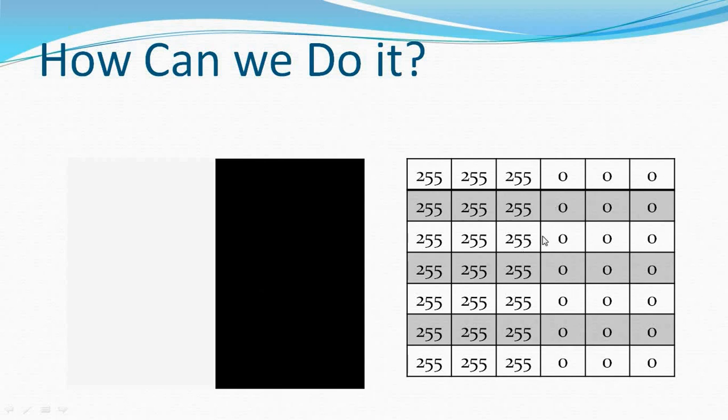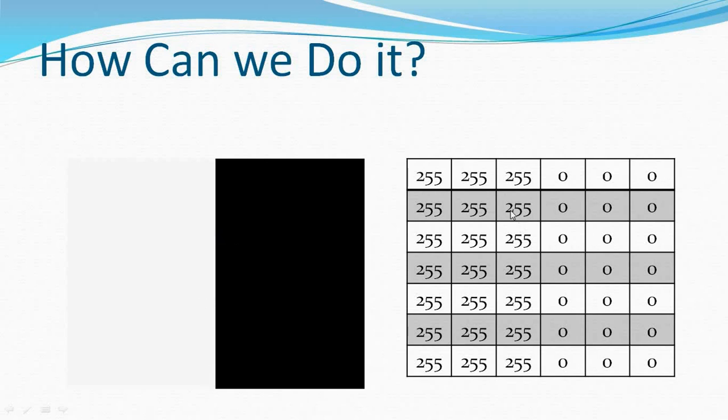There will be 255 values for white, so all 255 values over here, and then suddenly there will be all zeros. So our aim is to detect this edge, because the edge has a lot of information in it, as we have seen earlier. Our main motive is to just detect this edge.